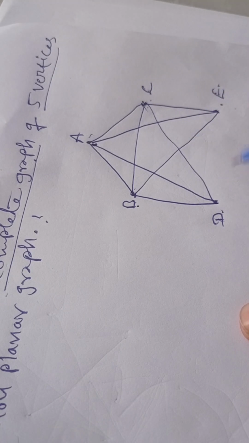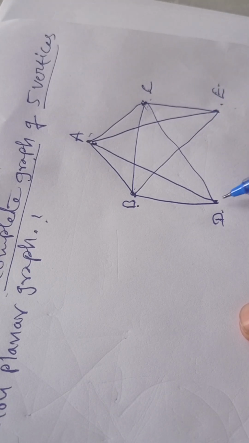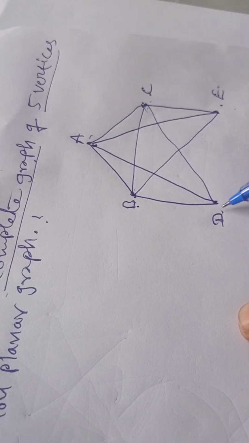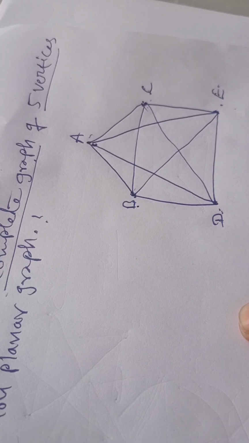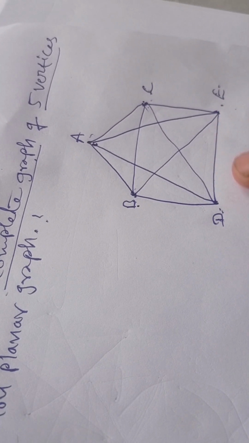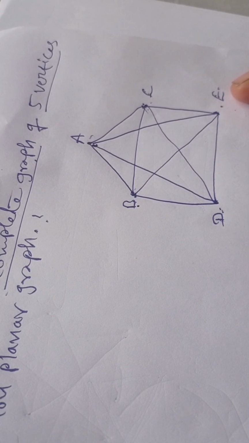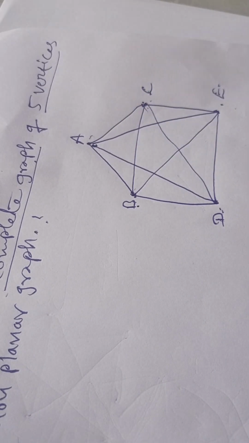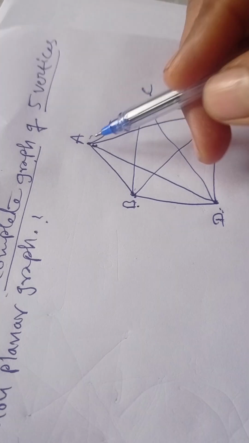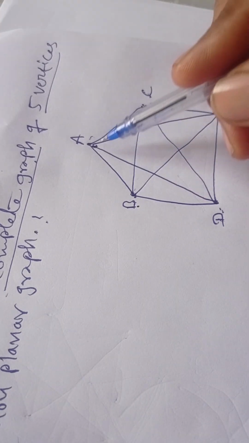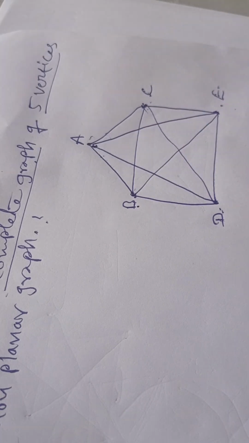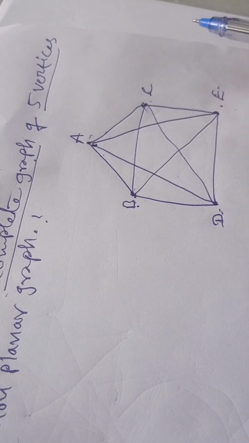Next D: D to A and D to B are already there, D to C is already there, and next is D to E. Likewise, all vertices are connected by edges, with four edges for each vertex.